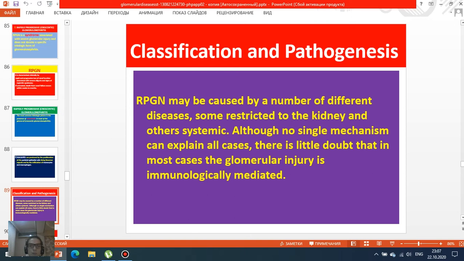Classification and pathogenesis of rapidly progressive glomerulonephritis. It may be caused by a number of different diseases, some restricted to the kidney and others systemic. Although no single mechanism can explain all cases, there is little doubt that in most cases the glomerular injury is immunologically mediated.